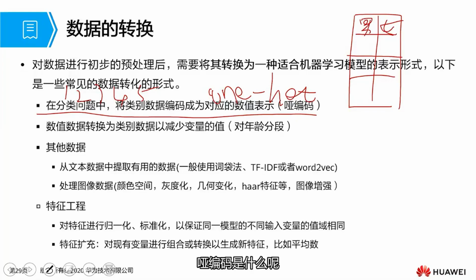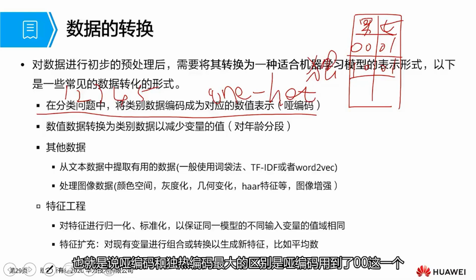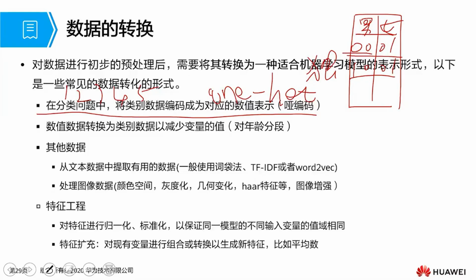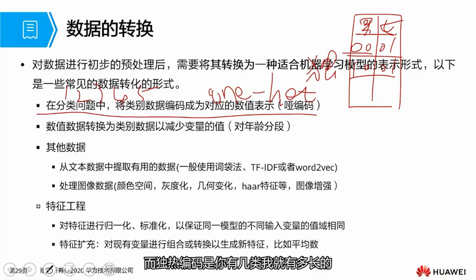In other words, the biggest difference between dummy encoding and one-hot encoding is that dummy encoding uses only n-1 digits. With one-hot encoding, however many types you have, you have a long string of numbers, like 0-1, and whichever category you belong to, you just set that position to 1. For 3 types, one-hot is 1-0-0, 0-1-0, 0-0-1.